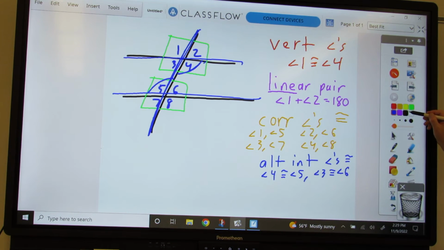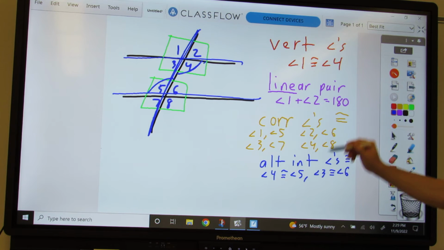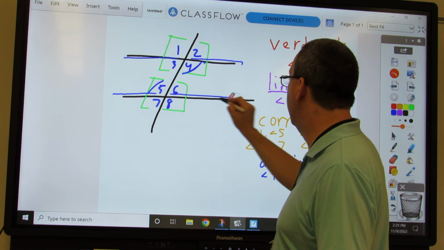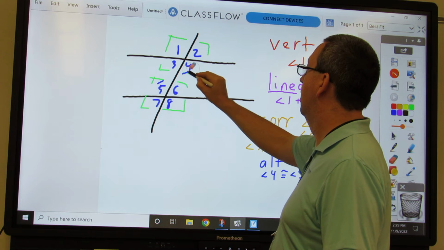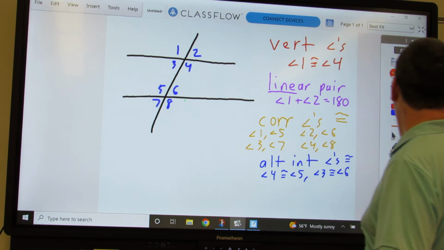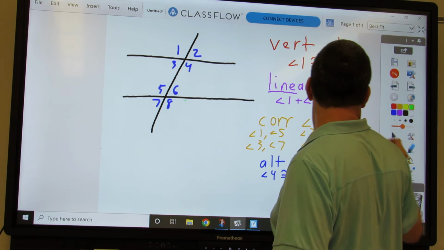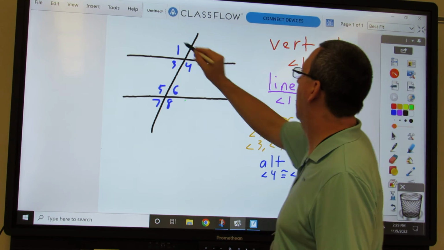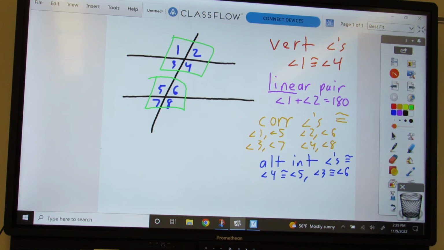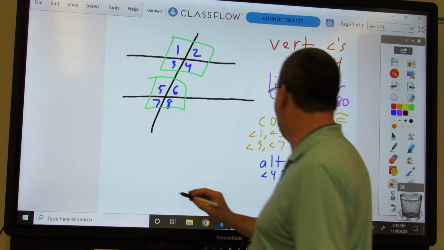So when we're looking at the lines based on our parallel, corresponding, alternate interior, alternate exterior, and consecutive interior, you need to have one in each box. I need one in this box, I need one in this box, for all four of these pairs. Our next one is alternate exterior.